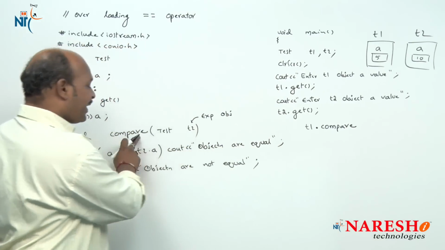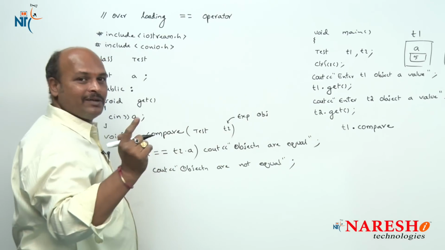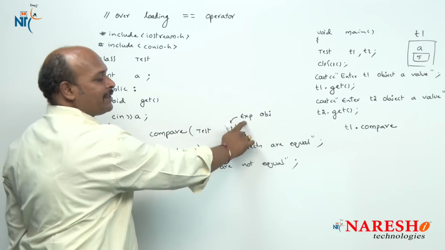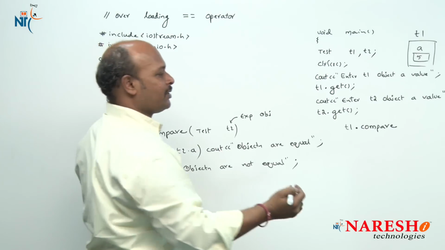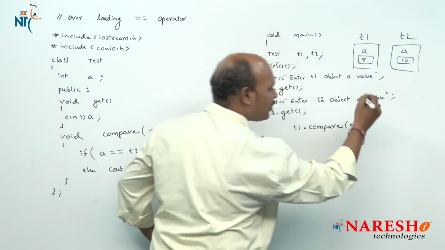Compare is comparing two objects, and here we have only one object, so we have to send an explicit argument, an explicit object. That is why in brackets, T2.